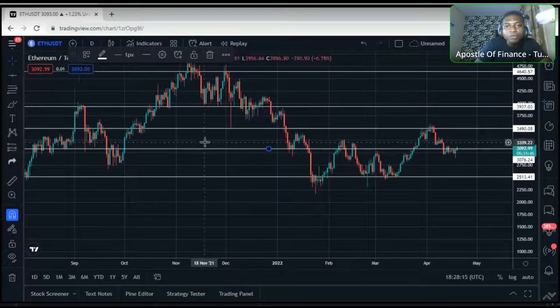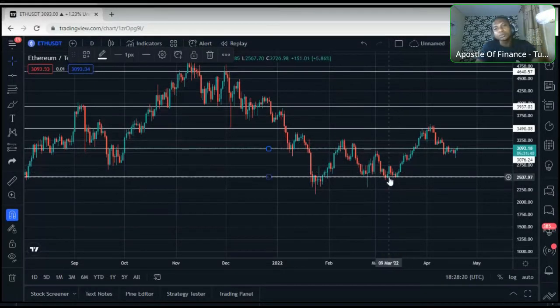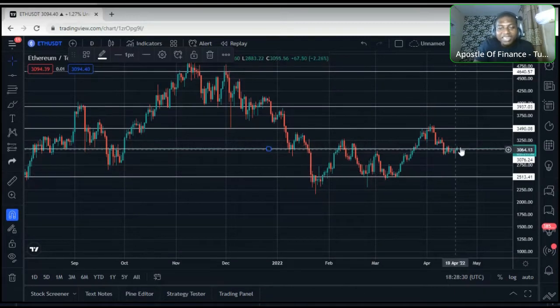If you look at this, this is a price footprint here, and that price footprint is telling us that this is a very solid support level.